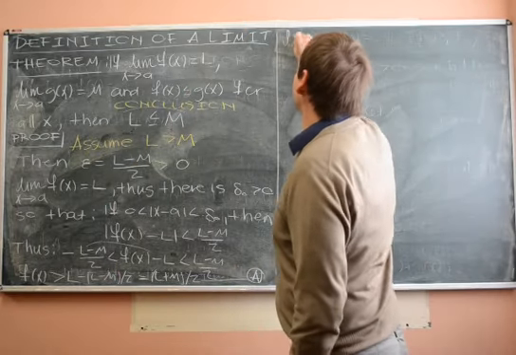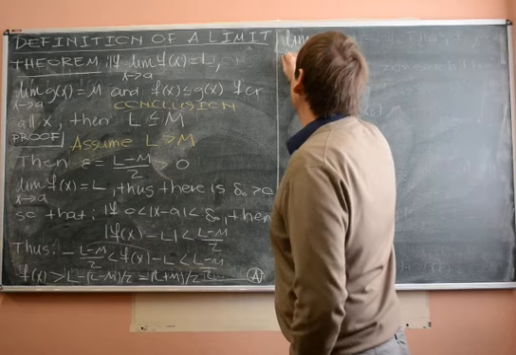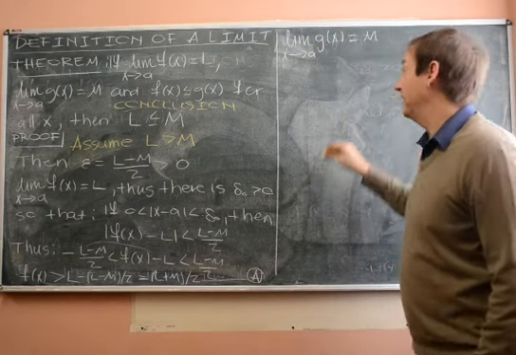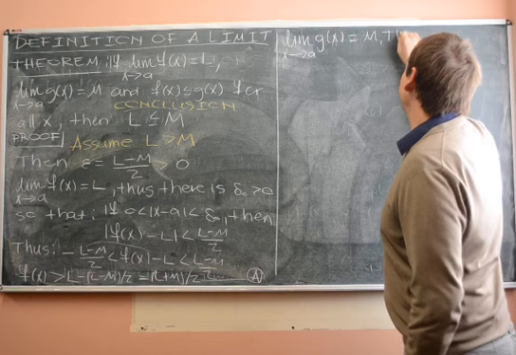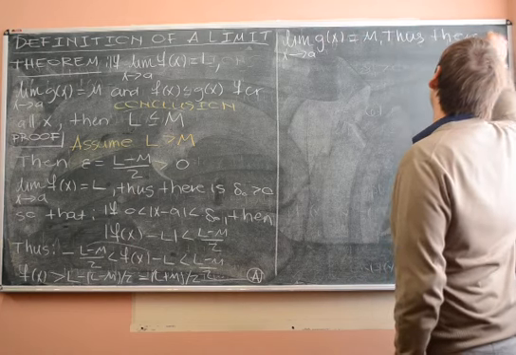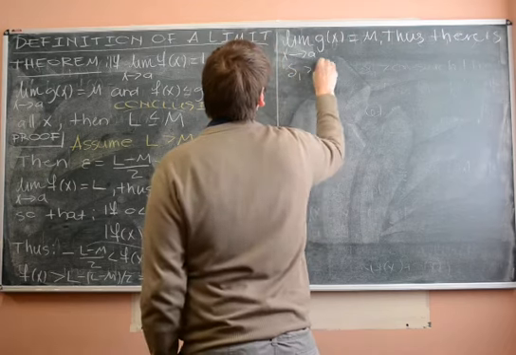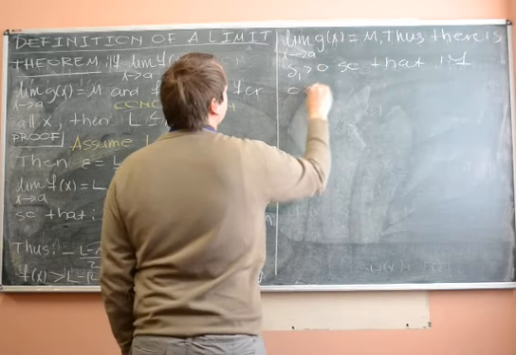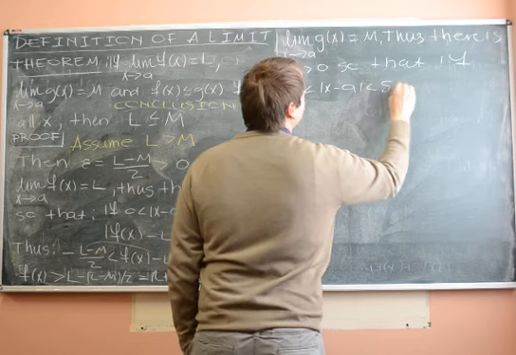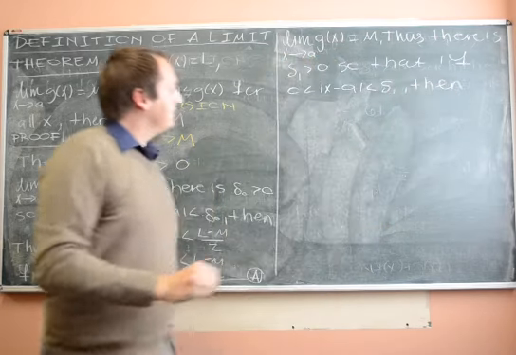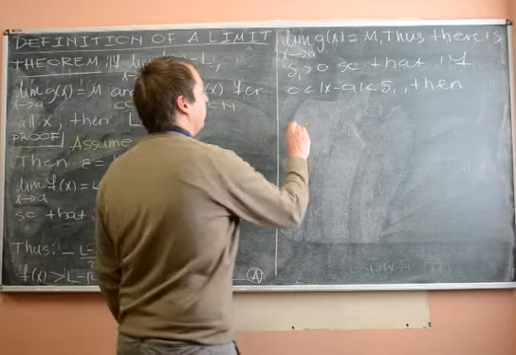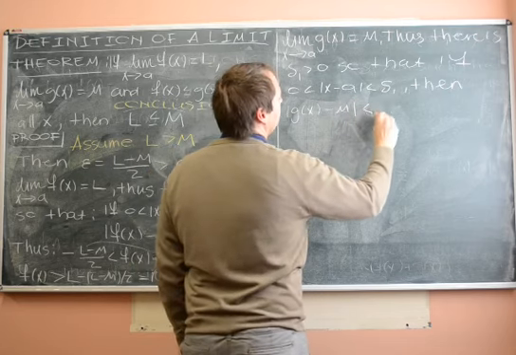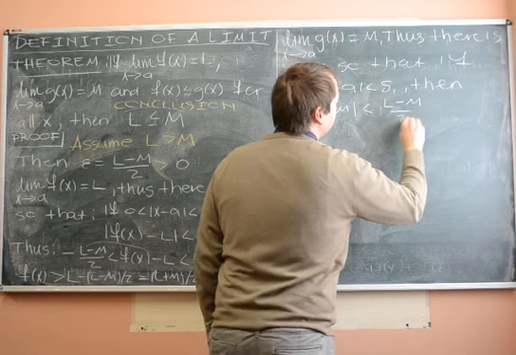But we also know that the limit as x tends to a of g of x is M. So again, by the definition of a limit, there is, say, delta 1 bigger than 0, so that if x minus a in absolute value is between 0 and delta 1, then absolute value g of x minus M is less than L minus M over 2.